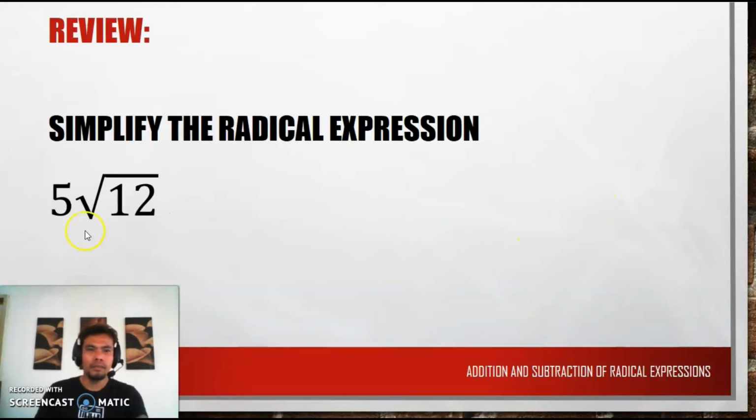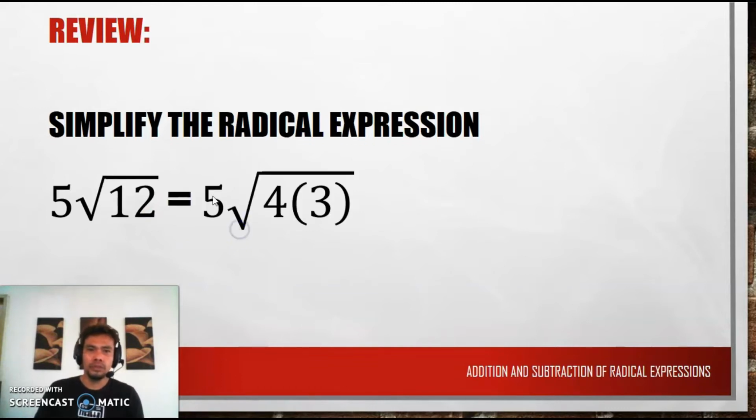Next we have 5 square root of 12. Again, 12 is not in its simplified form. So we have to find the factors of 12 in which one of the factors can still be extracted as a root. So we have 5 square root of 4 times 3, because 4 times 3 will give you 12.